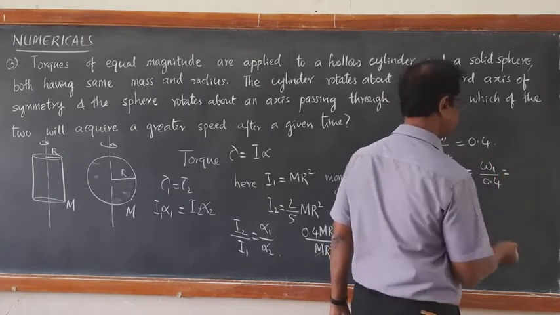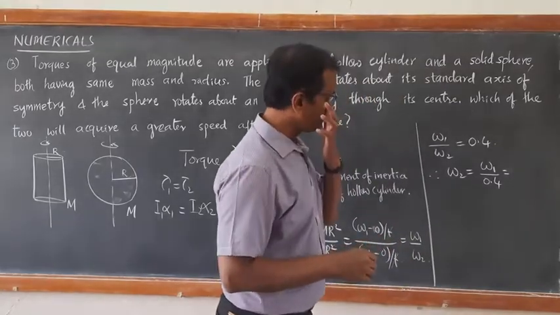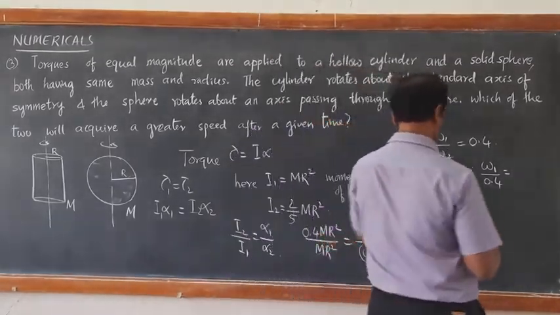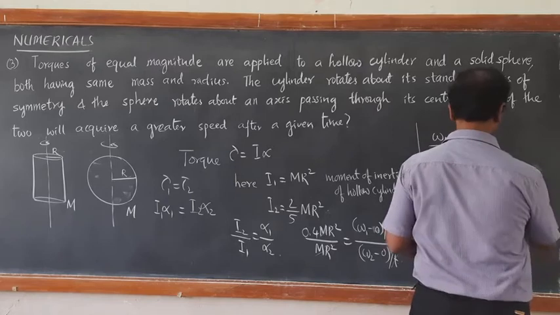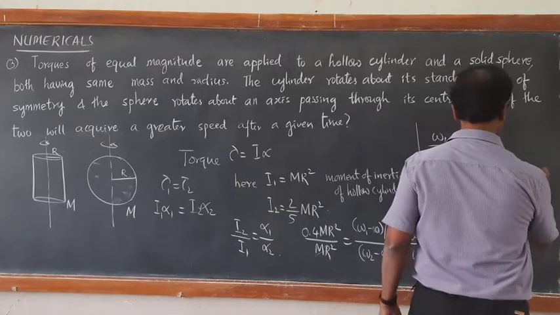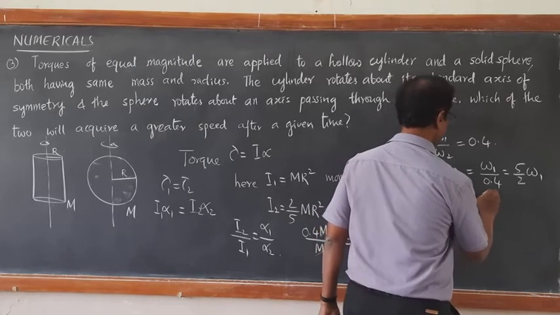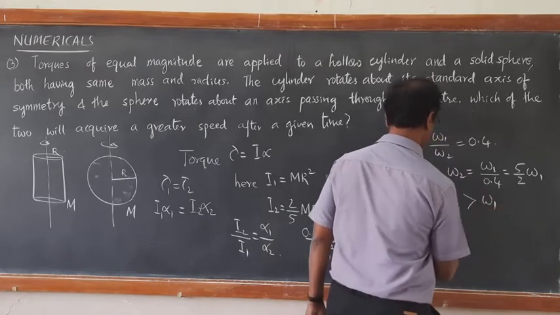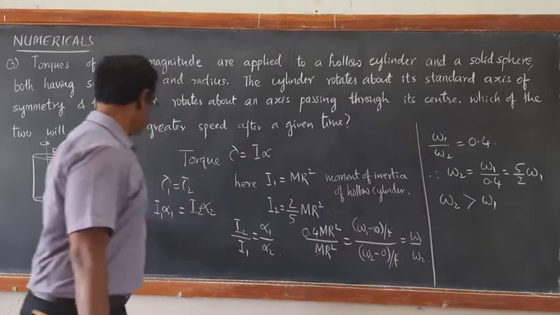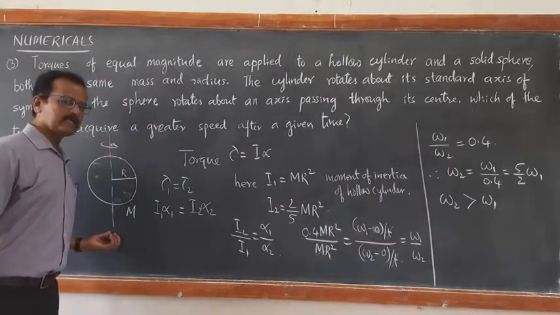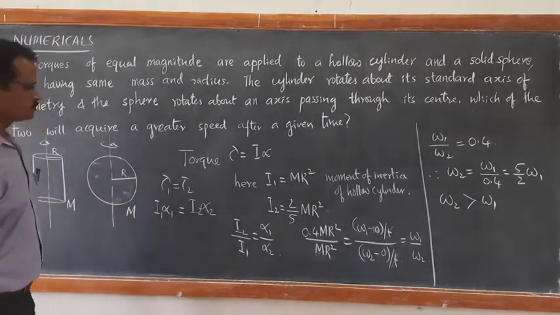So it becomes 10 by 4, that is 5 by 2 times omega 1. So omega 2 is greater than omega 1. Angular speed of solid sphere is greater than angular speed of hollow cylinder.